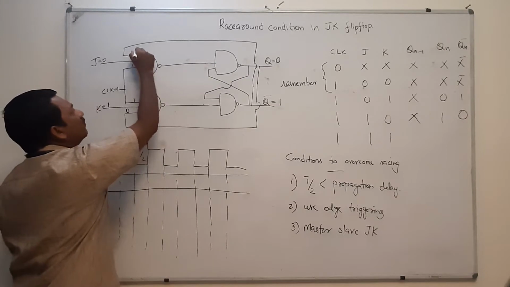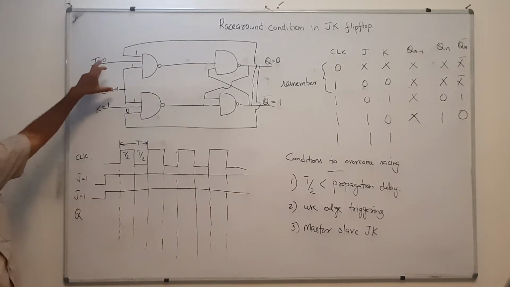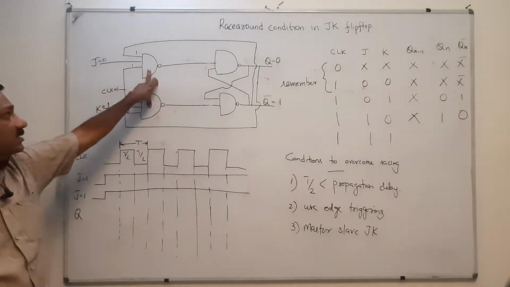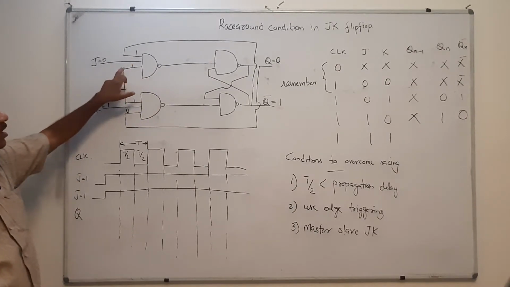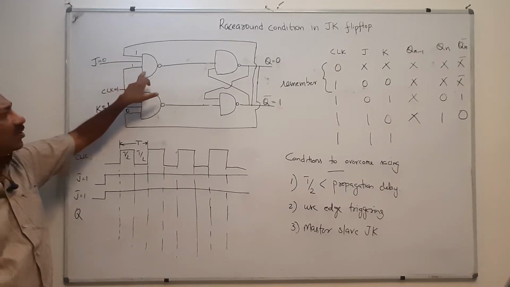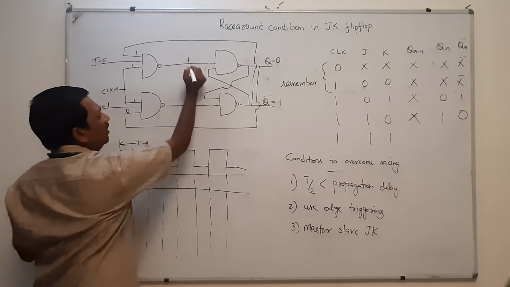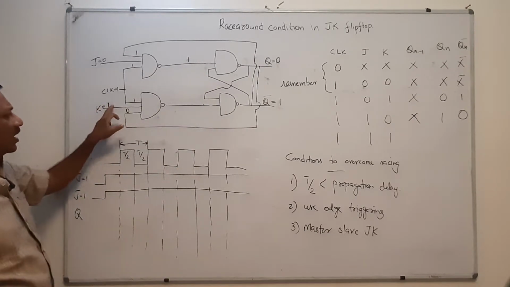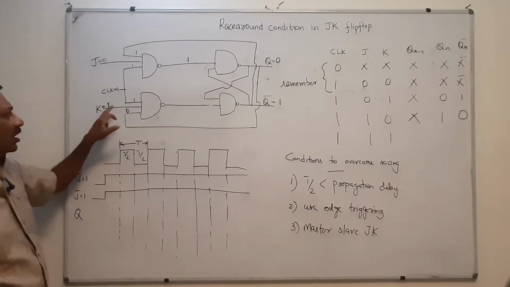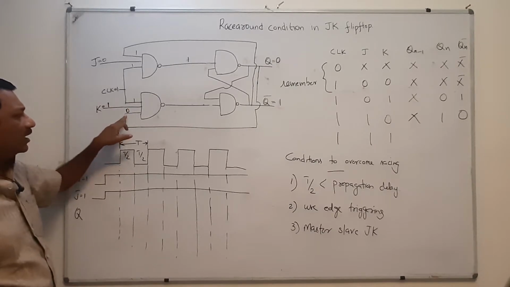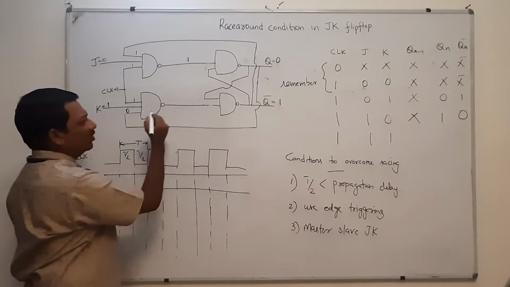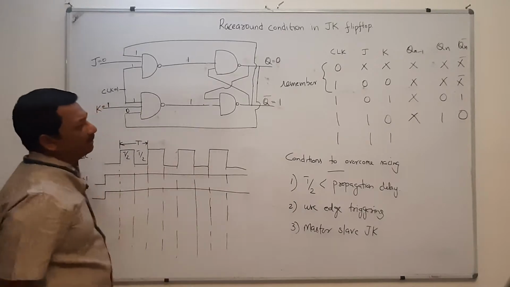Here this will be 1. Then we are going to check what is the output of these two NAND gates. Here 1, 0 and 1. We are multiplying, it will get 0, and when it is complemented, this will be 1. And 1, 1 and 0. Again the product, what will happen? 0, and again the complement is 1.